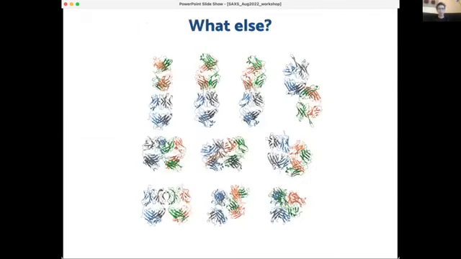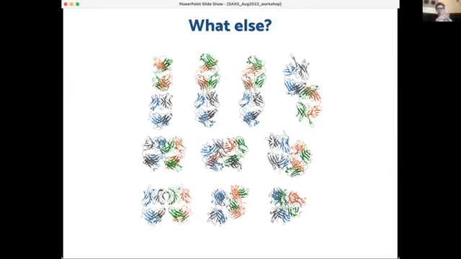So what else is there? We noticed that several crystal structures in the PDB have what is known as crystal contacts, where antibodies stack with respect to each other. Here we can see head-to-head stacking, where the loops of the antibody touch each other.